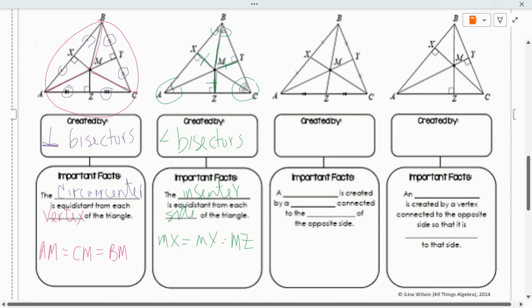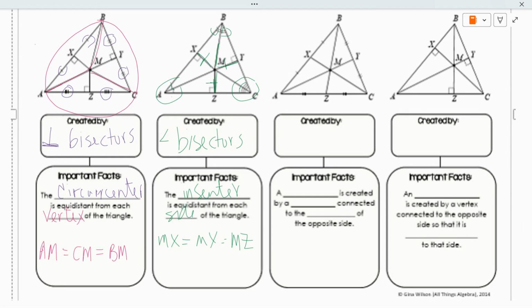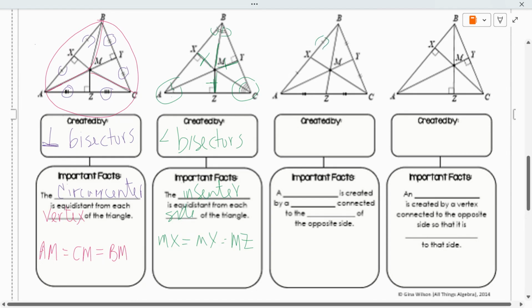Alrighty. Now I have the centroid, and the centroid, remember, just takes the median. I see that my triangle sides are broken into two congruent pieces. That's a midpoint, and it goes to the vertex. That's what a median does, the midpoint to a vertex.